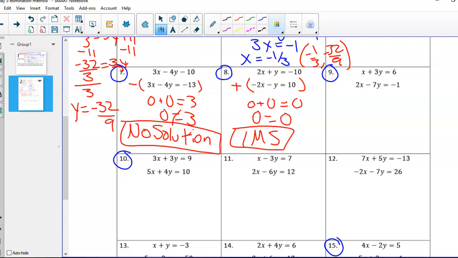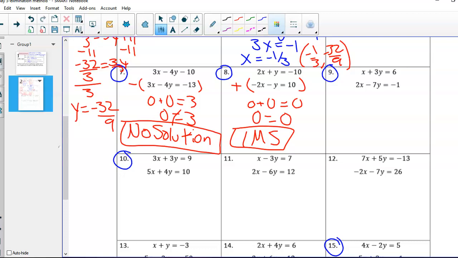In 9, do we have the same coefficient in either one? No. Can still be solved though. Pretend that we wanted them to be the same. So it doesn't matter if you're looking at the y's or the x's.